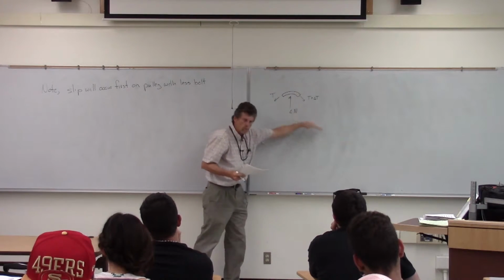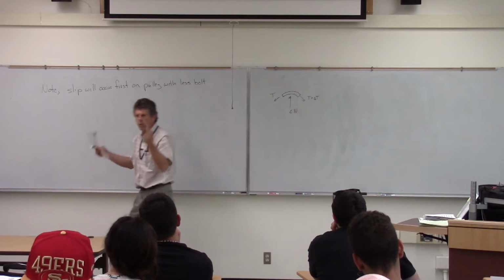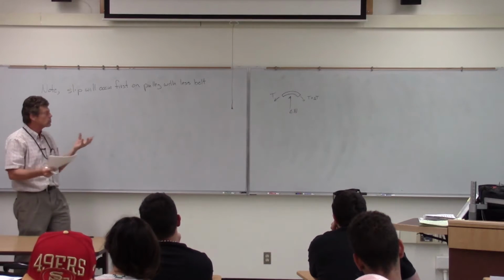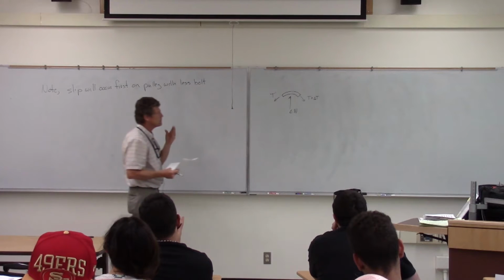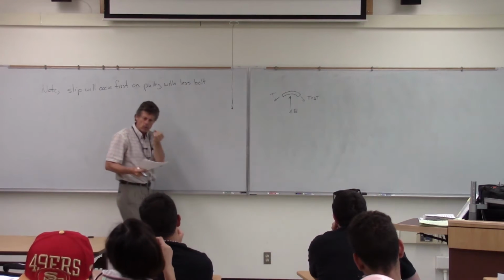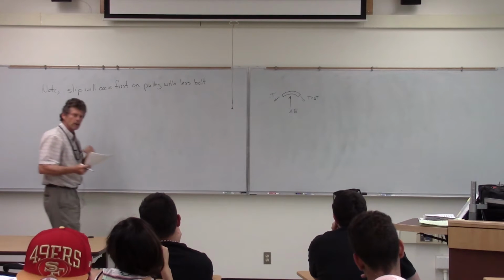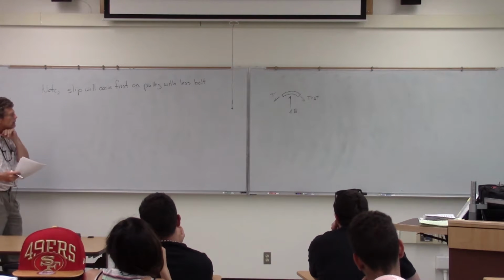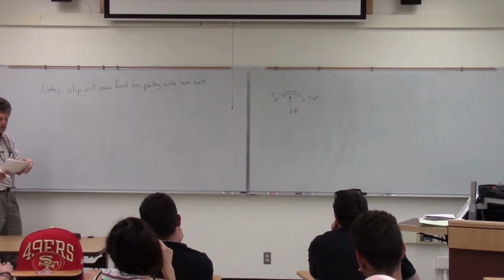As I go more and more around, I'm getting more and more normal force, hence creating a lot more friction force. So it doesn't really fly in the face of that rule, and that rule still holds: friction is independent of contact area.